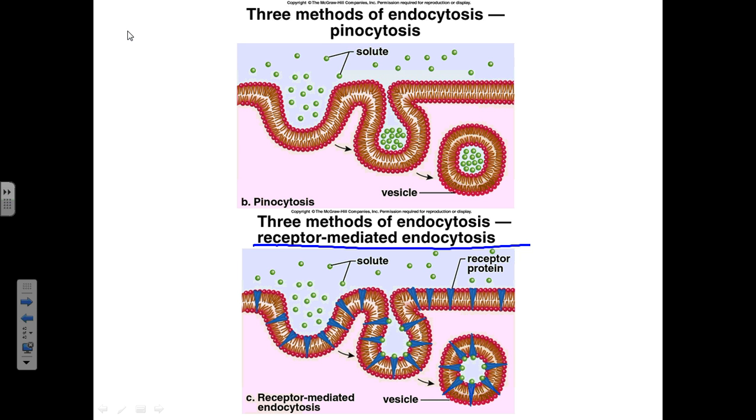And notice what's happening there. The solutes are binding to these little receptors. And when enough of them bind, that tells the cell it's time to pinch in. It's time to invaginate, pull this stuff in. But those two things, phagocytosis and pinocytosis, are ways to take in big amounts of stuff. Are they active or passive?